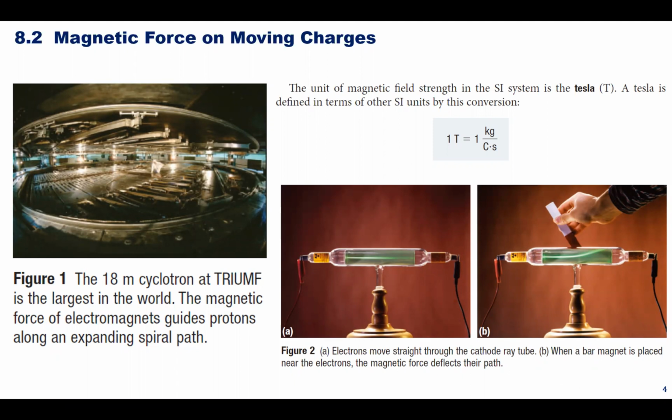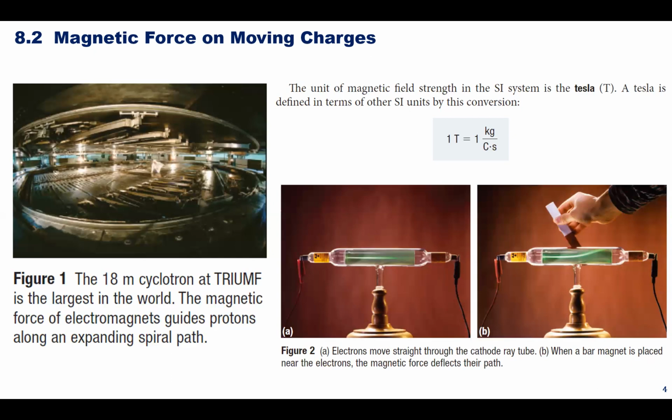These powerful magnets produce a magnetic field over 10,000 times as strong as Earth's magnetic field. The unit of magnetic field strength in the SI system is the Tesla, which is denoted by uppercase T. A Tesla is defined in terms of other SI units by this convention, which means 1 Tesla equals 1 kilogram per coulomb second.